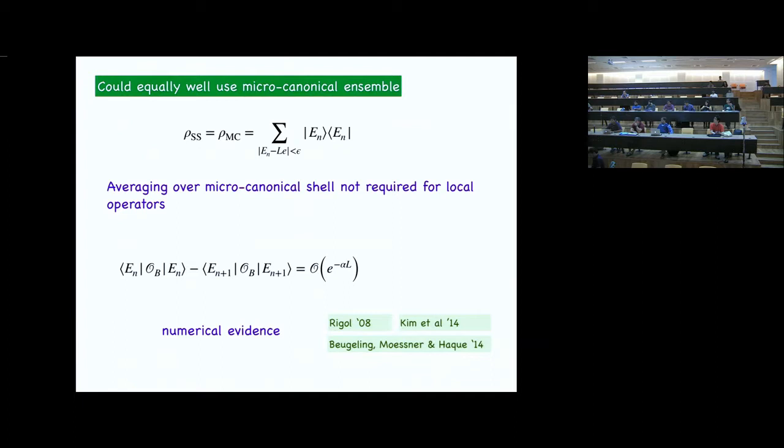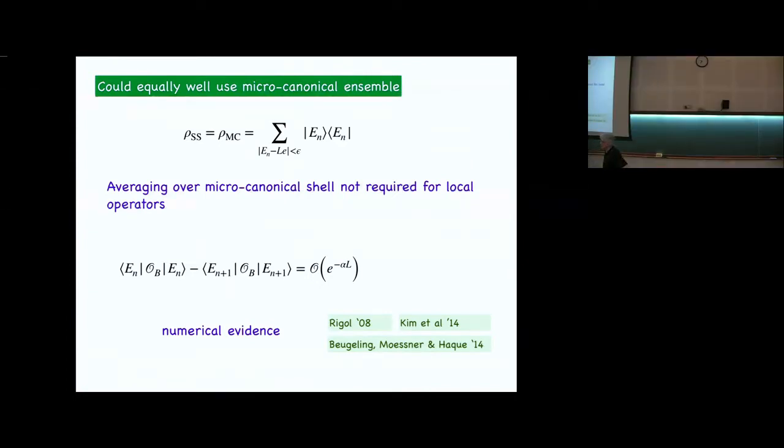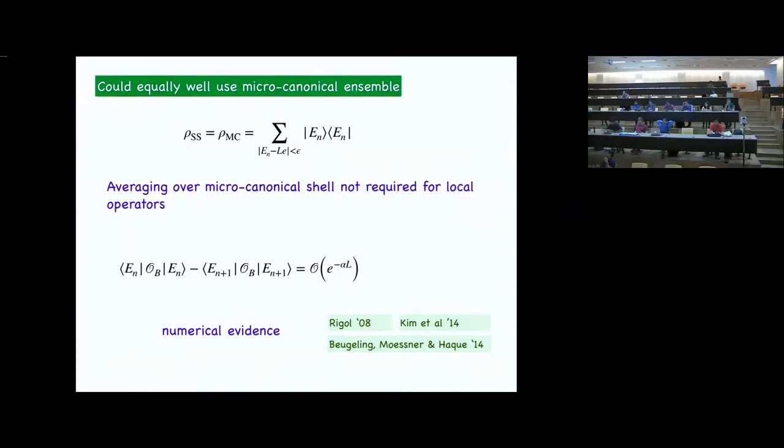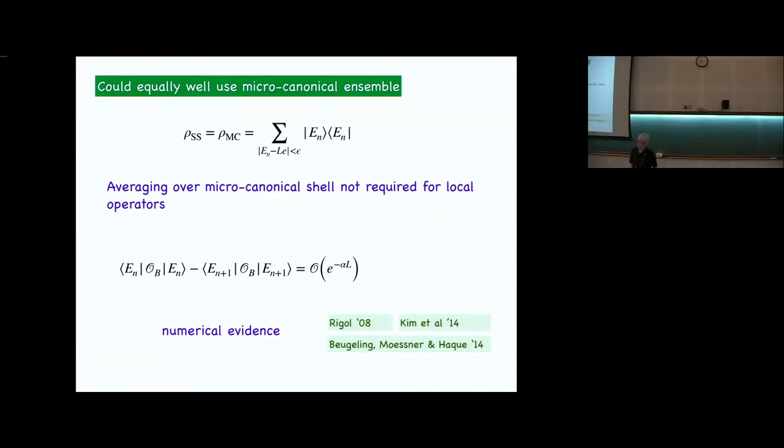So is there a similar equation like this one when you take simultaneous eigenstates of all the charges? Yes, indeed there is. Basically, if you have higher conservation laws, which are local in the sense I discussed, this generally will not be true.